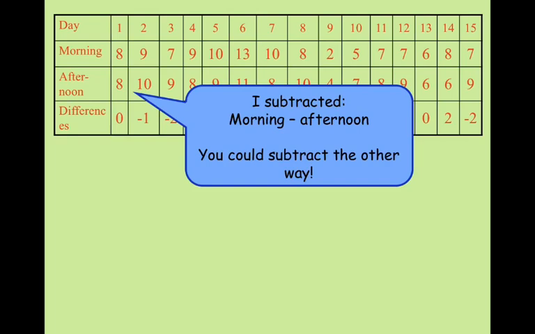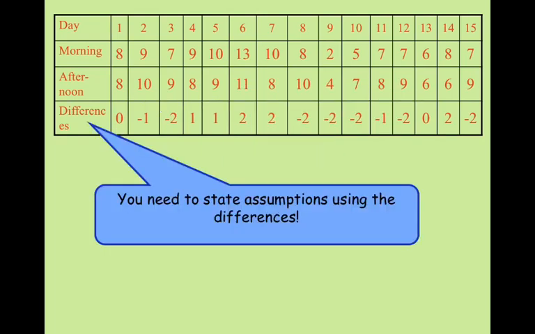All right, in order to do a hypothesis test, we first need to state our assumptions. We said before that these assumptions are going to be the same as a one-sample t-test, but the assumptions are based on our differences. That's the one sample of data we're looking at. So make sure when we write our assumptions, we're going to use the difference data in order to calculate our hypothesis test.